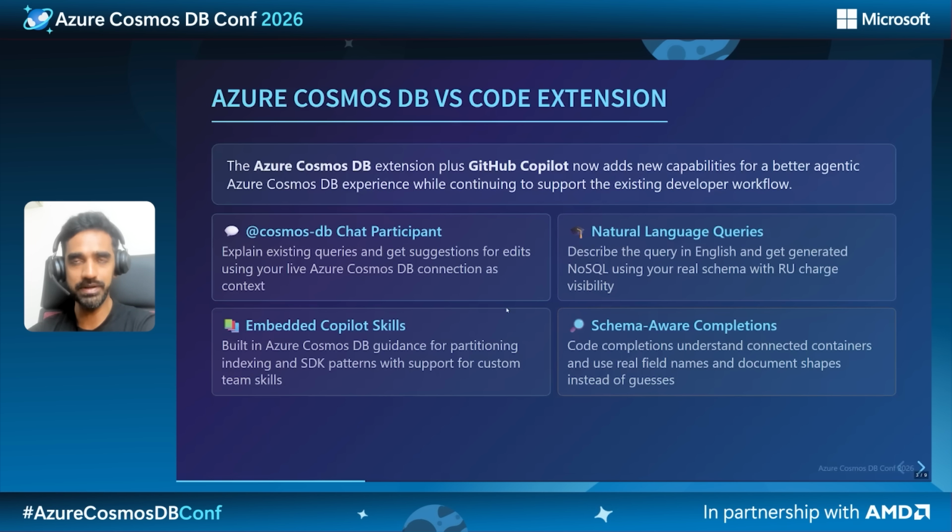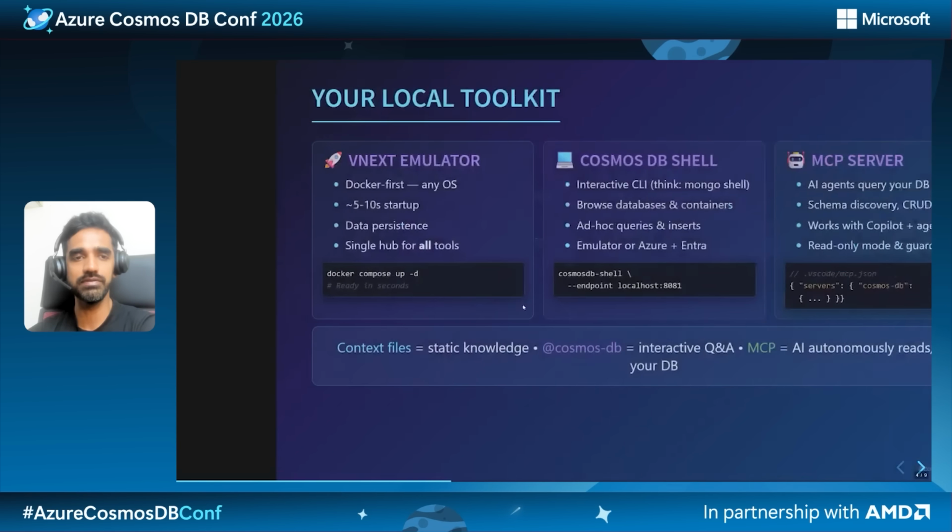So the journey here is simple: by using these four features which we have in preview, you can connect your data, ask questions, generate queries, and then get guided by best practices within the skills, and then write this schema-aware code so that you can complete an end-to-end app within VS Code itself.